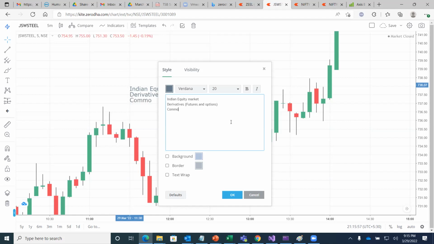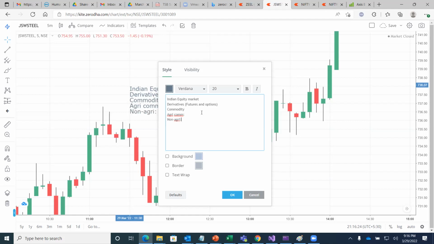And we have commodity. Does commodity all come under one roof, or is that also different? That also has differences. There are agri-commodity and non-agri-commodity.